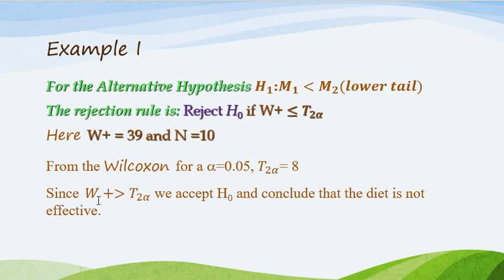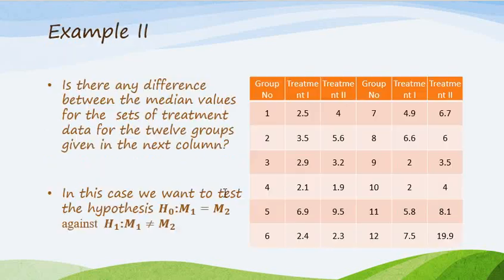Since W plus is 39 and T2 alpha is 8, 39 is not less than 8, but greater than 8, so we accept H0 and conclude that the diet is not effective.